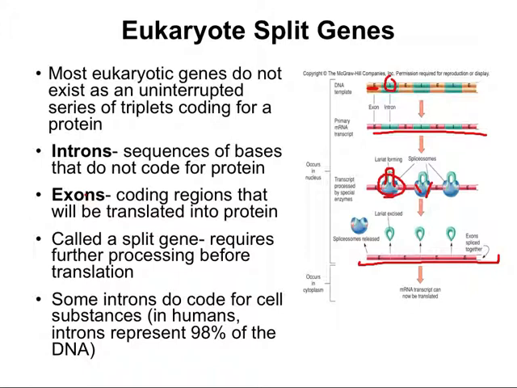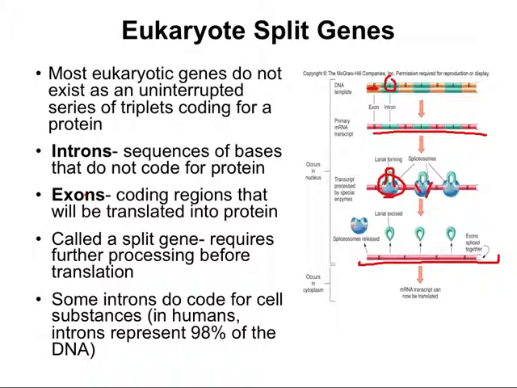Now it's interesting that some of these introns do actually code for substances. In humans, introns seem to represent about 98% of the DNA. Although we used to not understand their relevance, the discovery of the extreme importance of this intron material has really revolutionized genetics, because these introns actually allow creation of new proteins from the same gene.